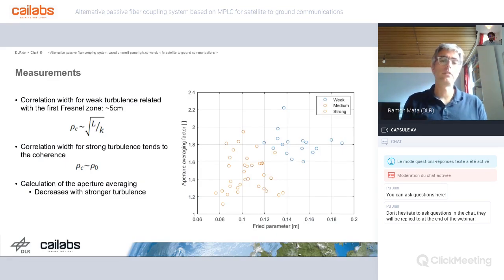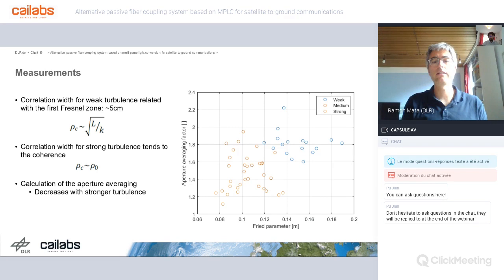We also measured some parameters like the aperture averaging compared with the free parameter. So the free parameter was estimated from the Shack-Hartmann sensor. And then with the aperture averaging, we measured how the scintillation was changing with the free parameter in these three regimes.